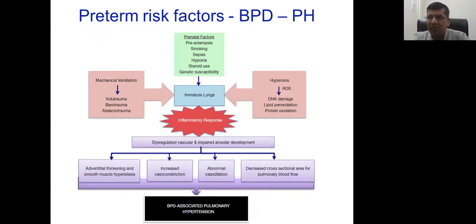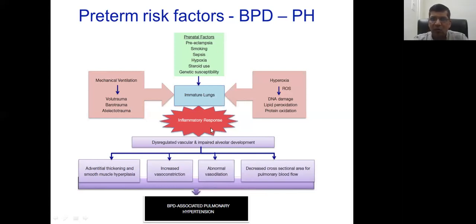But the commonest emerging problem in India now is preterm BPD pulmonary hypertension. In level 3 units, those who are managing babies of less than 30 weeks in India, where you see premature, extremely low birth weight babies with chorioamnionitis, and then without steroids, with ventilation, with damage to the lungs because of hyperoxia or hypocapnia, this leads to an inflammatory response.